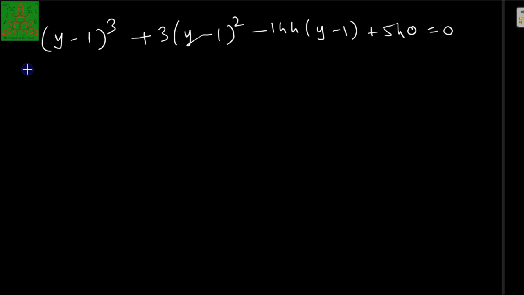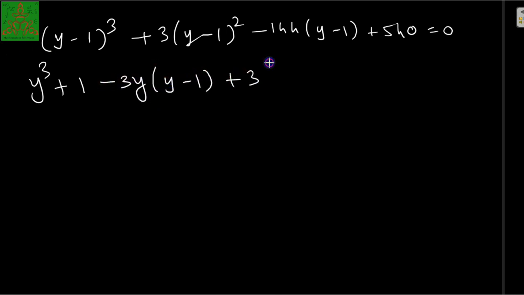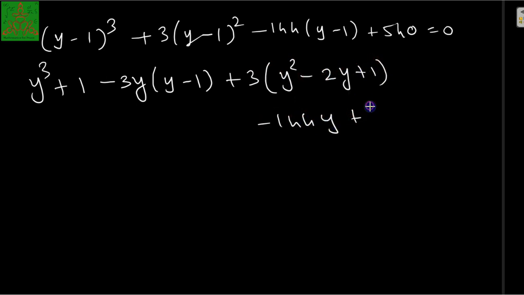If I simplify this, this is y cube minus 1 cube, plus 3y square minus 3y square, minus 3y into y minus 1, plus 3 into y square minus 2y plus 1, minus 144y plus 144 plus 540 equal to 0.